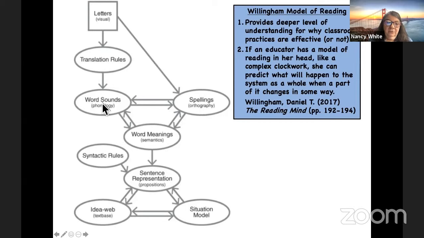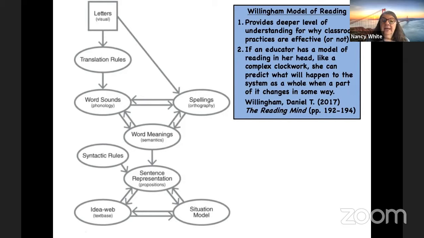And there's a reciprocal relationship between the phonemes and the graphemes and the graphemes and the phonemes. Likewise, you get meaning from the pronunciations. You also get meaning visually from looking at some of the orthographic patterns, including the morphemes.